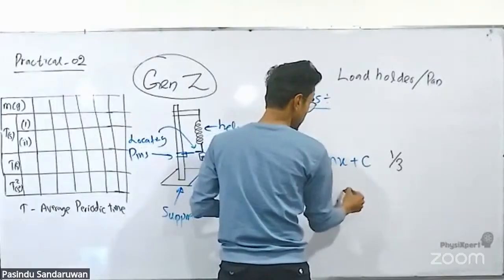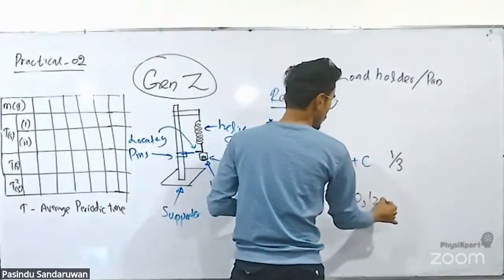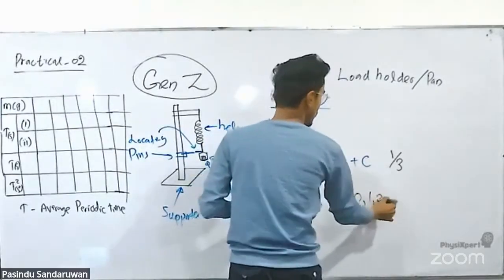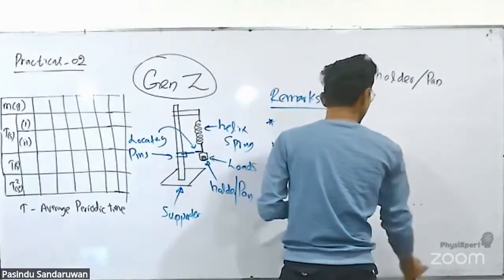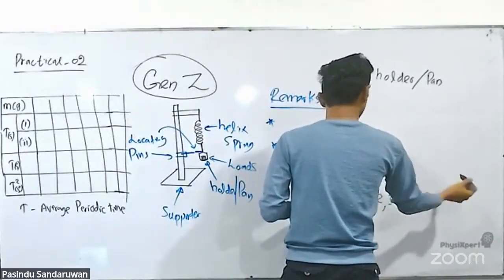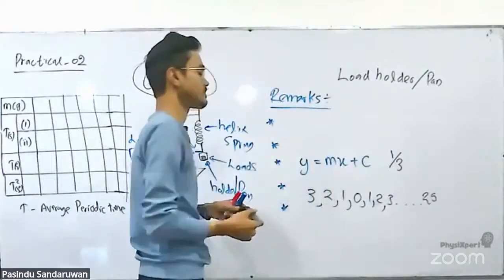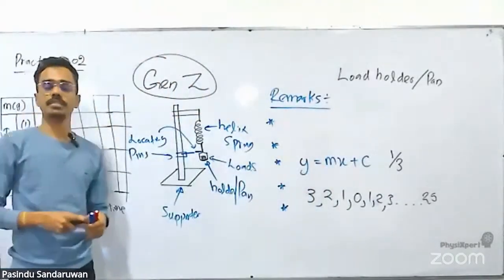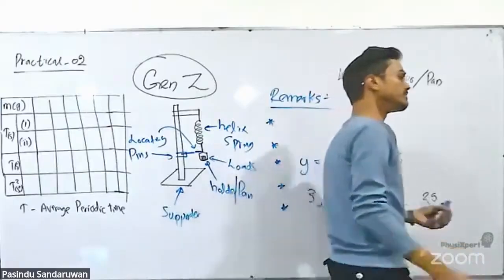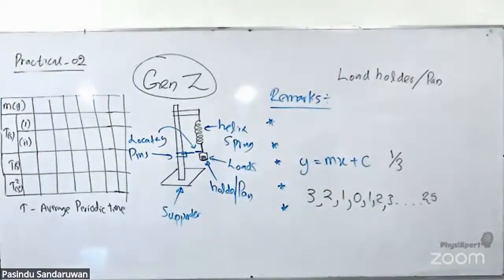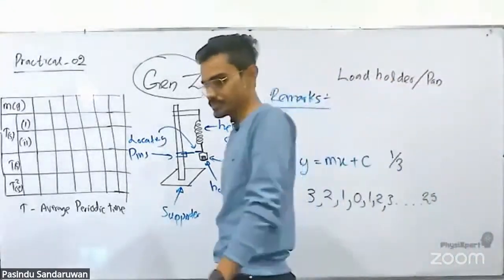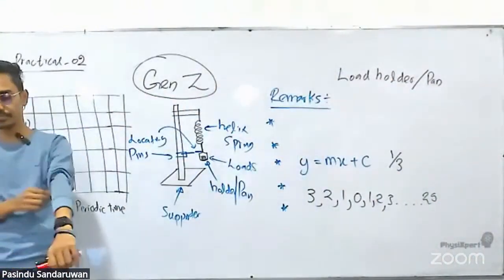Exact same thing: 3, 2, 1, 0, 1, 2, 3, up to 20 or 25. Within brackets, start the stopwatch at 0.